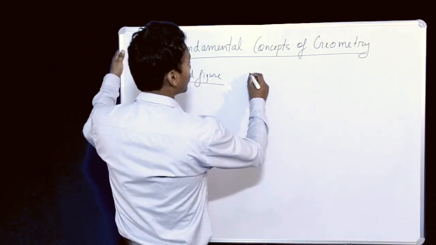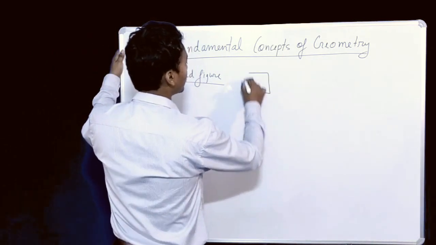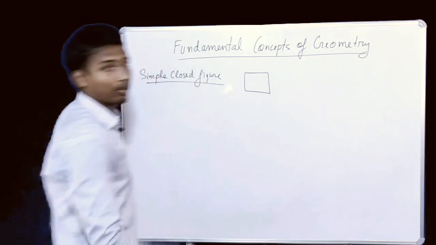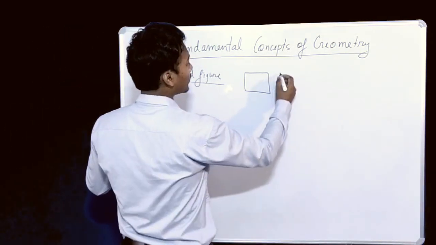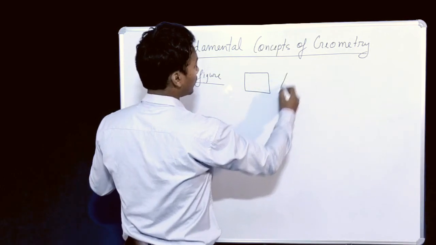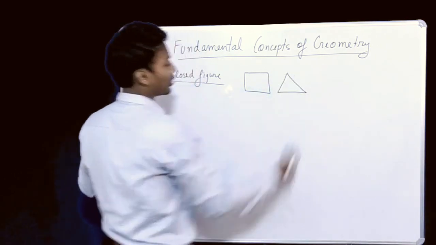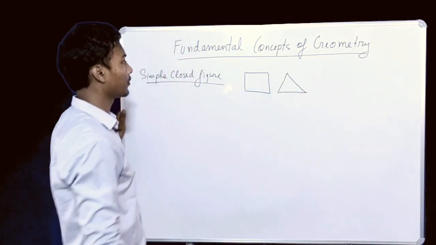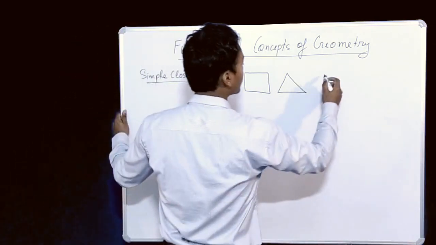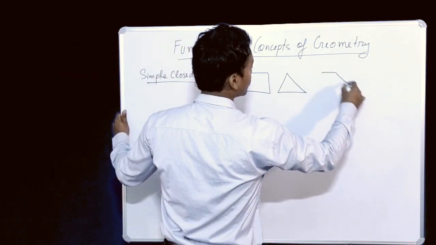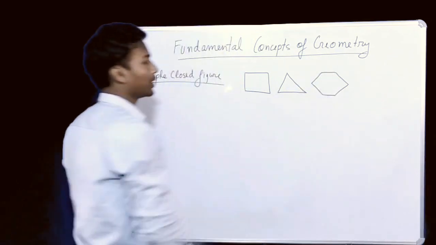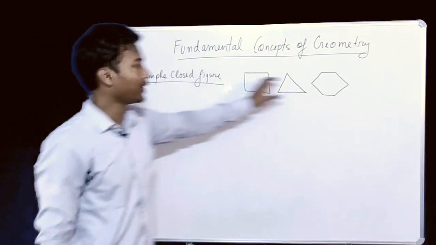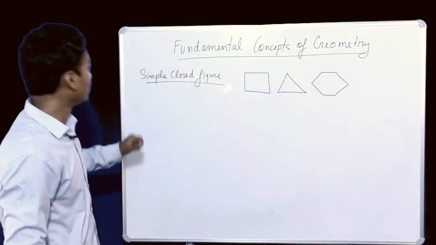So this shape can be called a simple closed figure. This shape is also a simple closed figure. Let's take another example. So this figure will also be a simple closed figure. It does not have any intersecting lines.